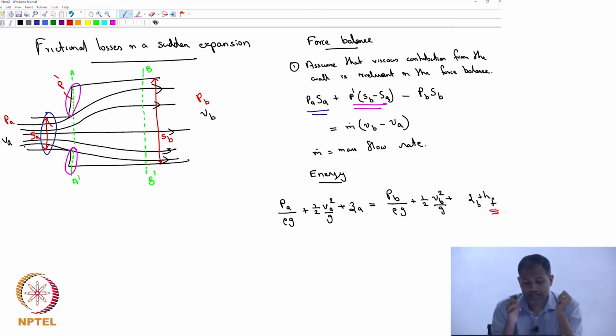HF is not zero. There can be additional losses, as we said last time. The velocity magnitude is changing, the velocity direction is changing, both of them will contribute to additional losses, plus there will be recirculations at the corner which will also contribute. So what HF will give you is the sum of all those things.